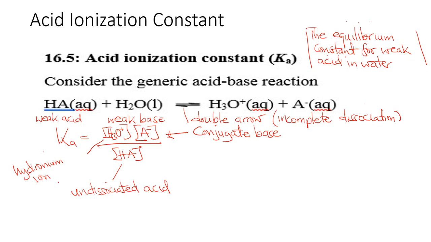So the acid ionization constant Ka is equal to the hydronium ion times the conjugate base, all that divided by the undissociated acid, or we can just say associated acid because it has not undergone dissociation.